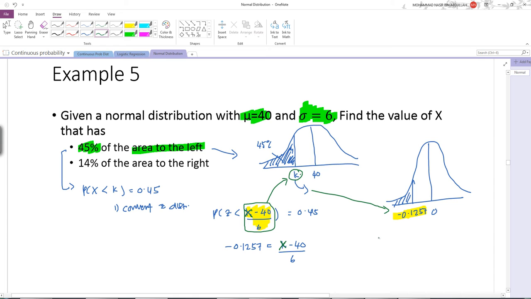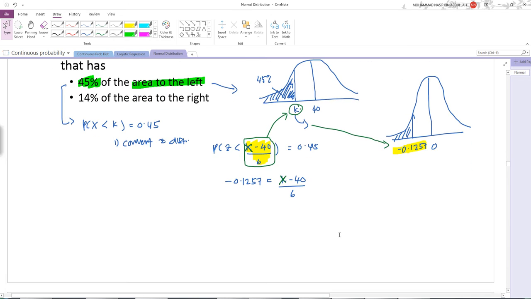Nampak sekarang baru clear sikit kan? Tadi nampak macam ada banyak k. Right, so we can solve for x. X is equal to negative 0.1257 multiplied with 6 plus 40 is equal to 39.2458. So we solve the problem.